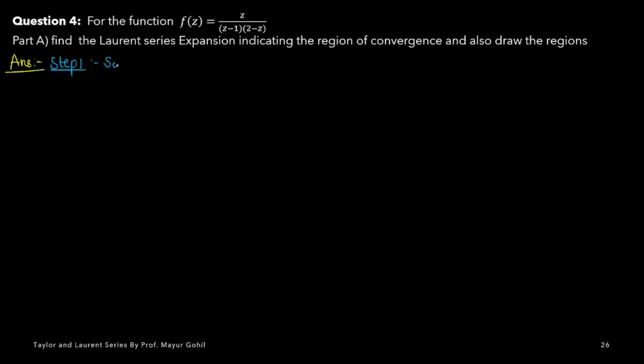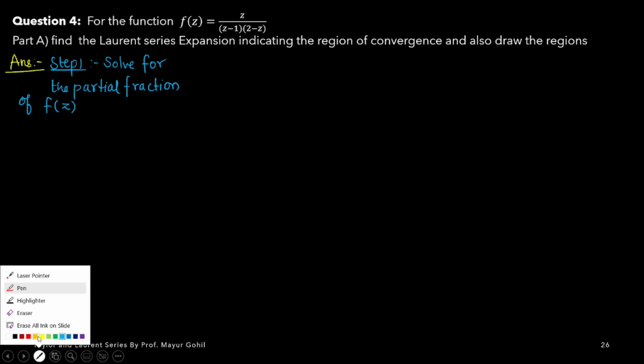So solve for the partial fraction of f of z. Once you solve for the partial fraction you will get almost all your answers easily, but don't make a mistake over here.